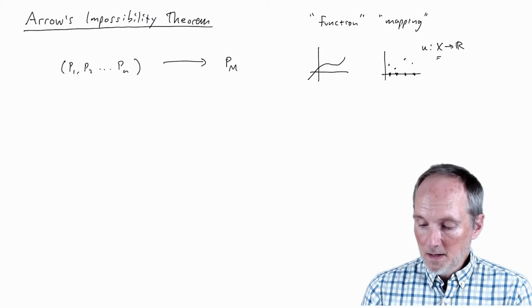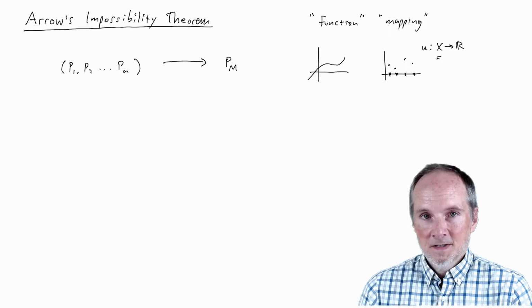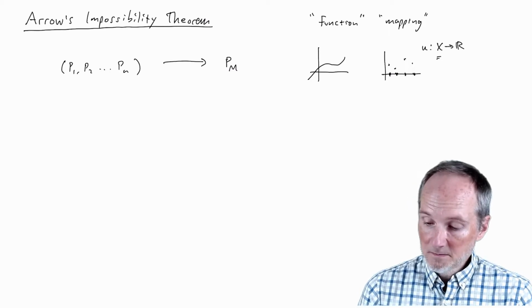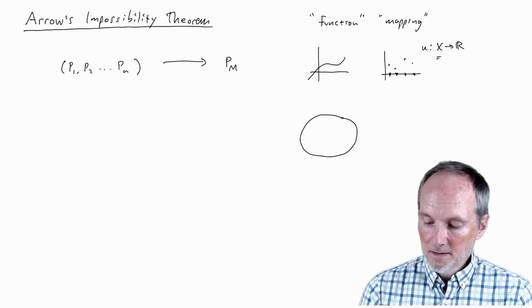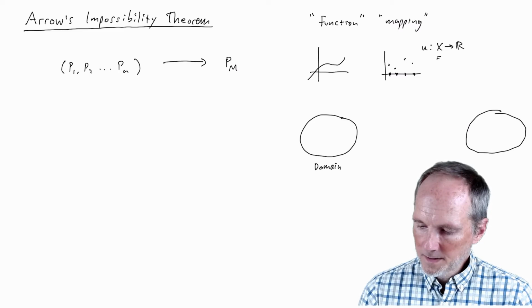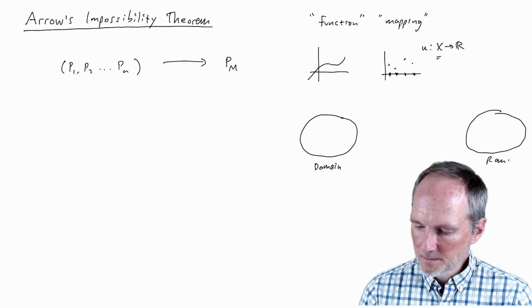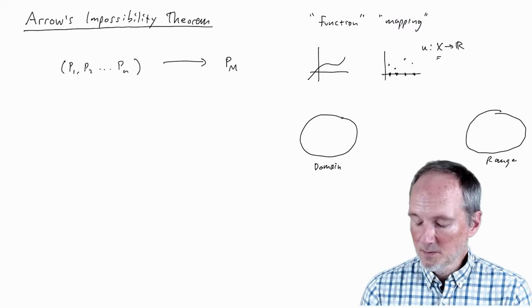Really, you can think about functions in super general ways. All you really need is two sets. One is called the domain, and the other is called the range, or range space sometimes.